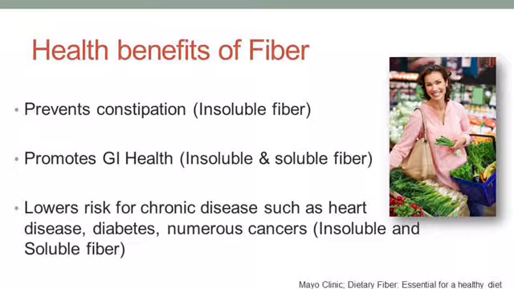And when you couple all of these wonderful benefits together, that lowers risk factors for things like heart disease, diabetes, and even certain forms of cancer and other inflammatory type conditions.